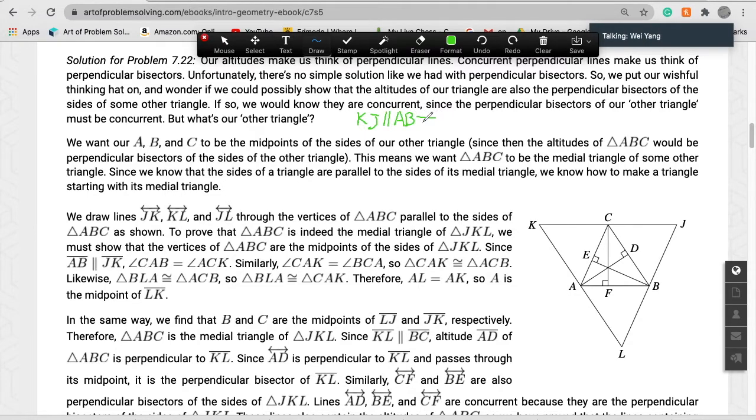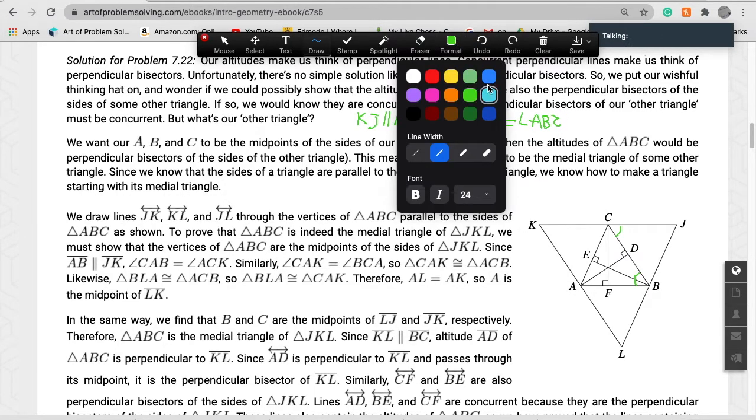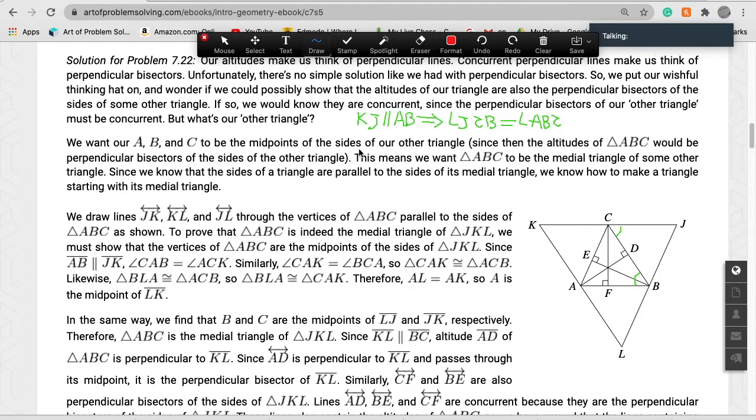From this you can get this angle equals this angle, right? So that means angle JCB equals angle ABC. This is the first pair, right?